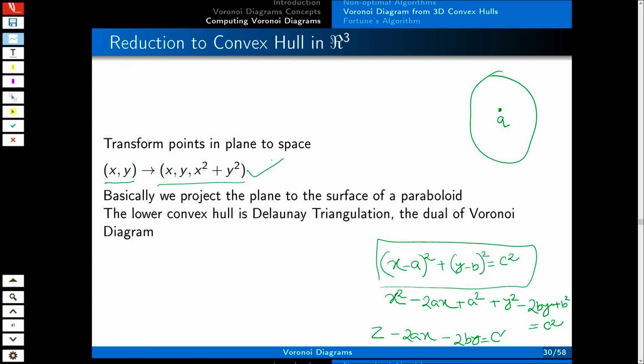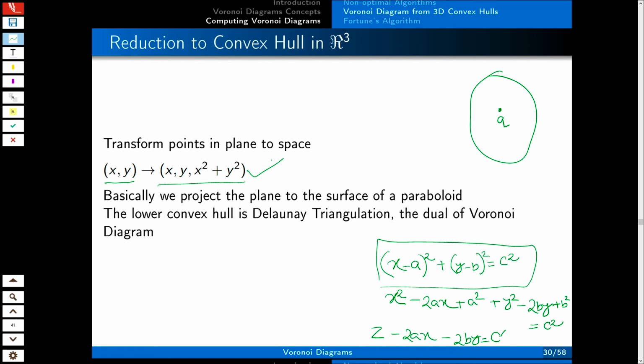I am taking each point in R2 and projecting it to some point in R3. How? I am just changing the z coordinate. The z coordinate is exactly equal to x square plus y square. So for each point x, y, I am getting a point in R3. Now, how is a circle changing?